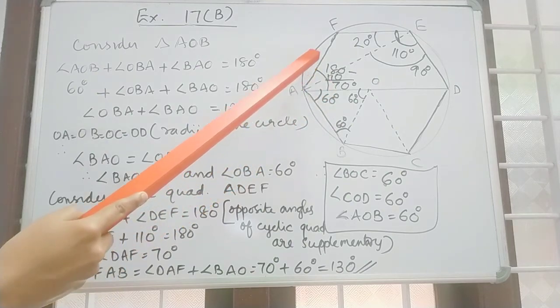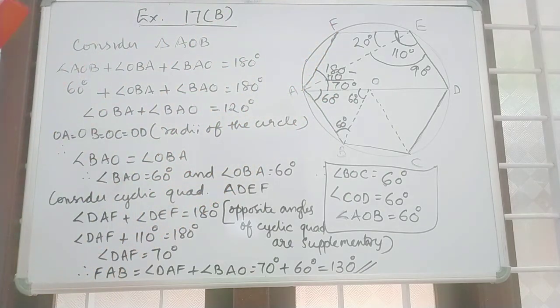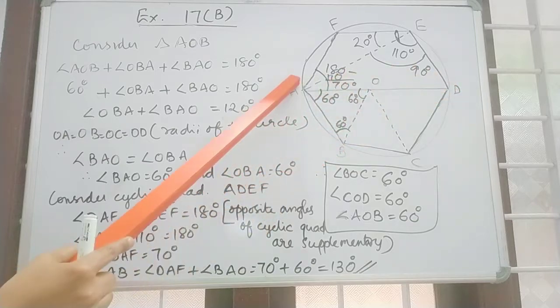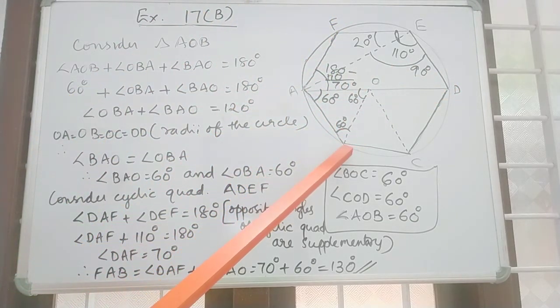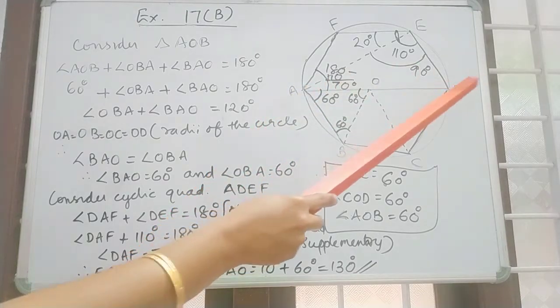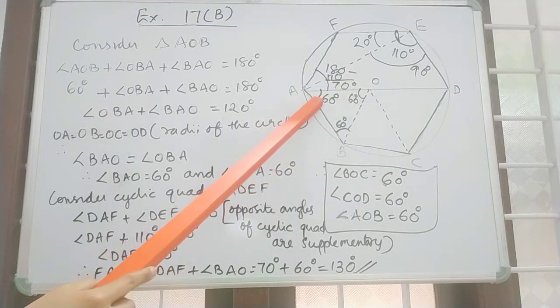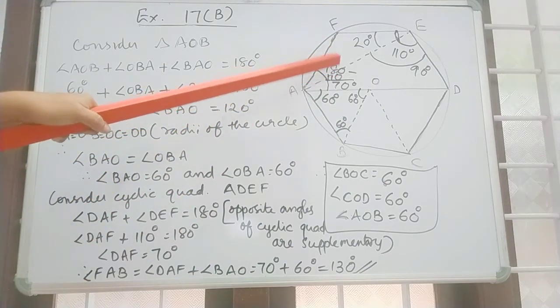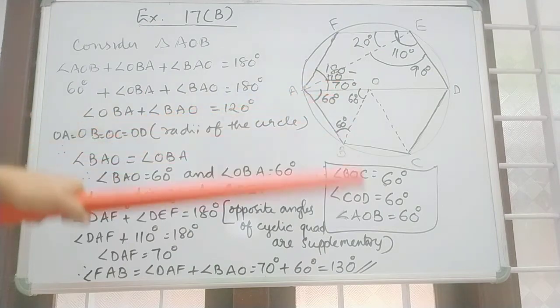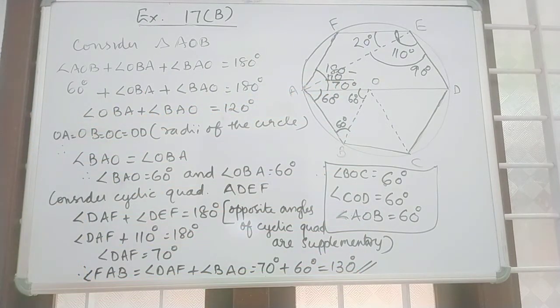FAB will be equal to angle DAF plus angle BAD, that is BAO. We can write it as 60 degree. So angle FAB will be the sum of these two angles, that is 70 plus 60 is equal to 130 degree. So the second part, we wanted to find out angle FAB. Now we got angle FAB as 130 degree.